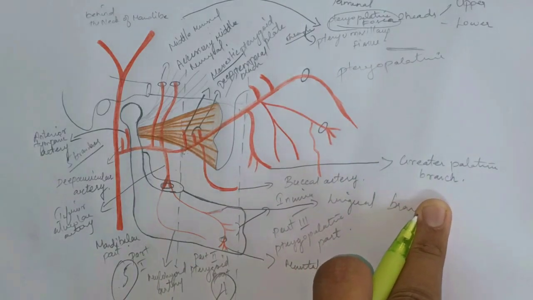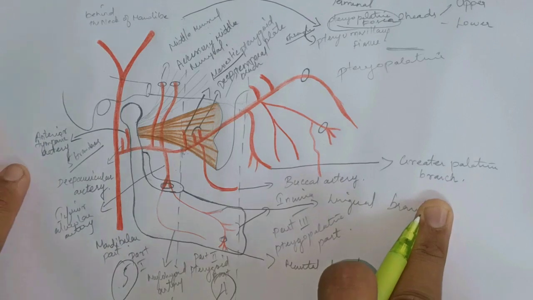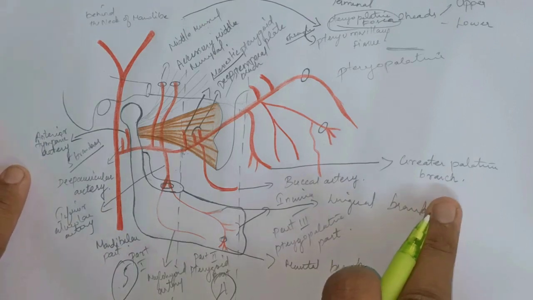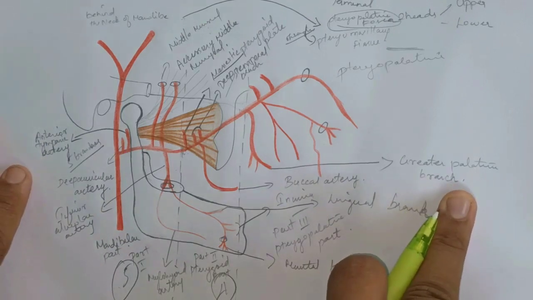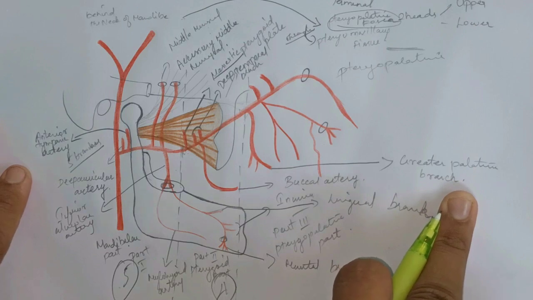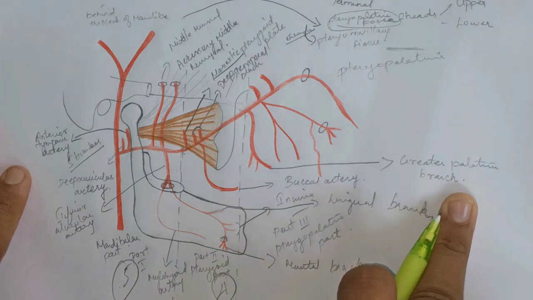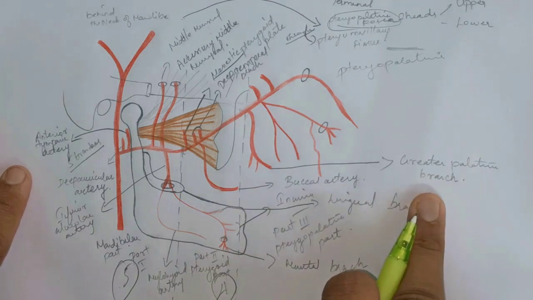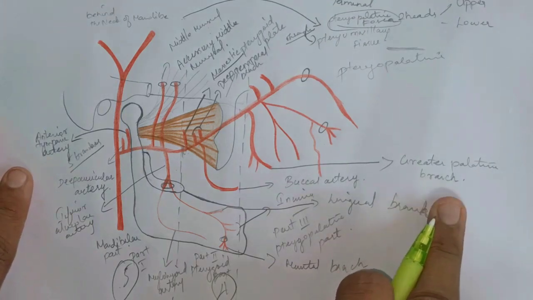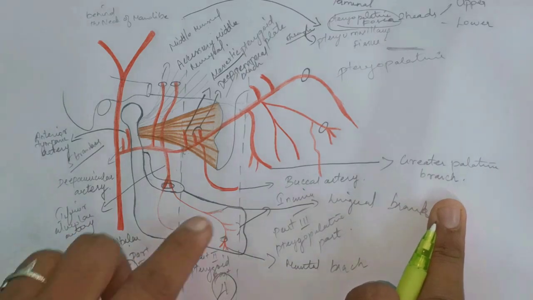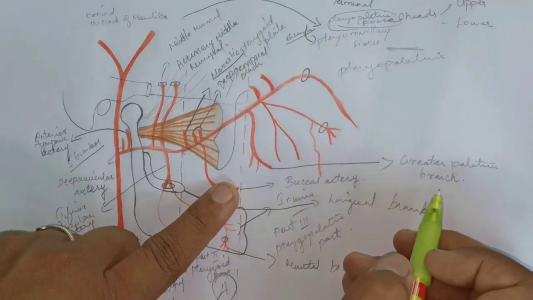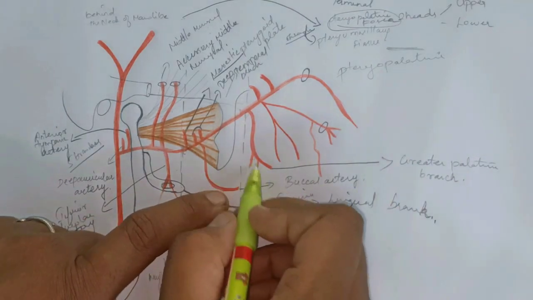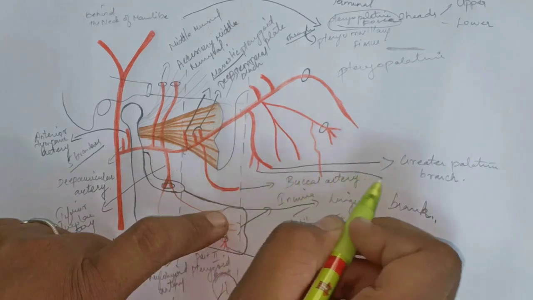Okay, from this greater palatine foramen you have a very small terminal branch. I have drawn it here. From the greater palatine branch, this small terminal branch I have drawn, right?